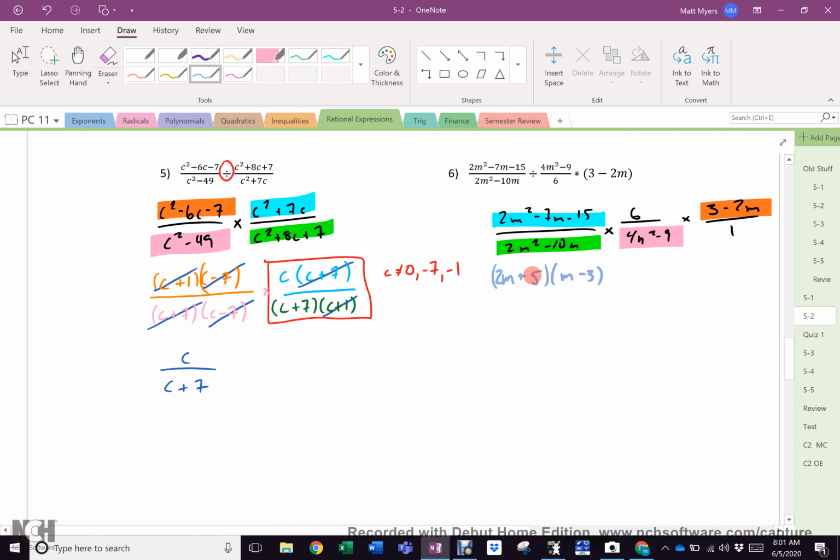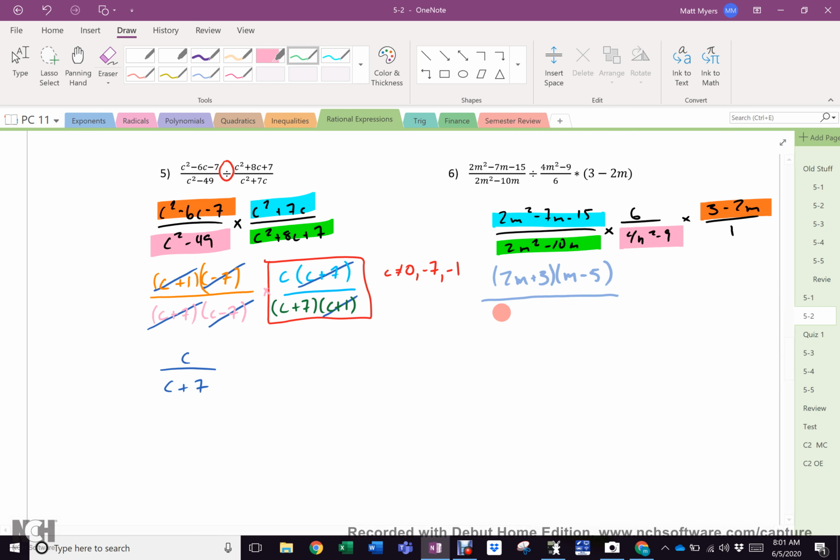No, I'm screwing it up. So it's 2m plus 3 and m minus 5. 2m minus 15, minus 10 plus 3. Yep, that's it. There, that's what it is. Sorry. Over.